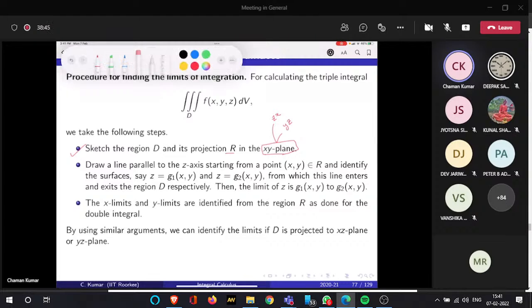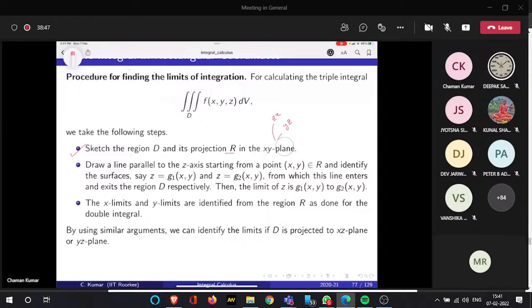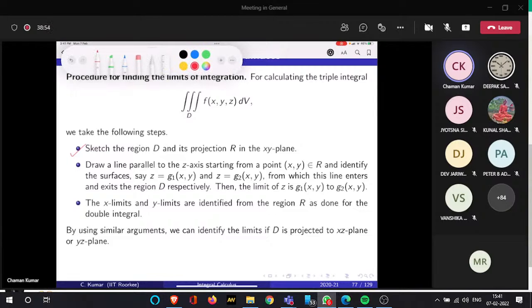Here the procedure is explained for projecting the region in the XY plane. So first project the region D in the XY plane and the projection is R.